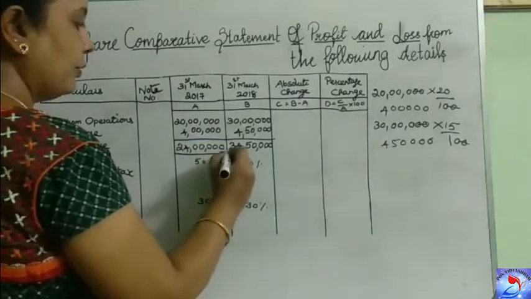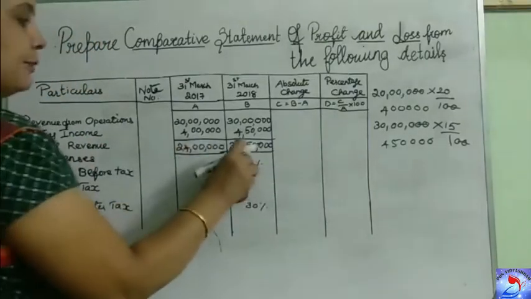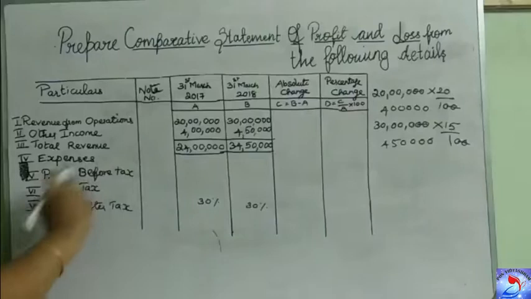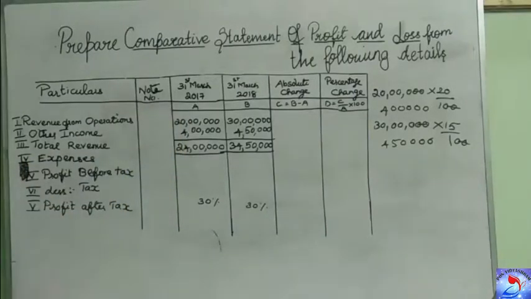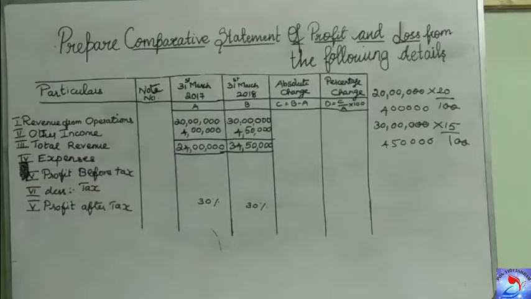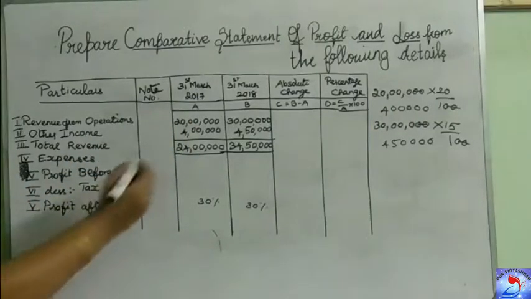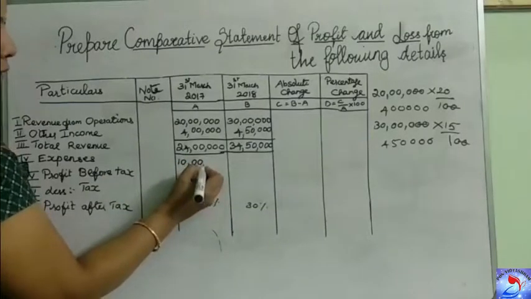Now we have to calculate the expenses. Expenses are 50% of revenue from operation. What is 50% of 20 lakh? Obviously it is 10 lakh rupees.